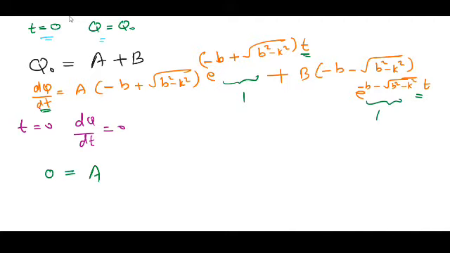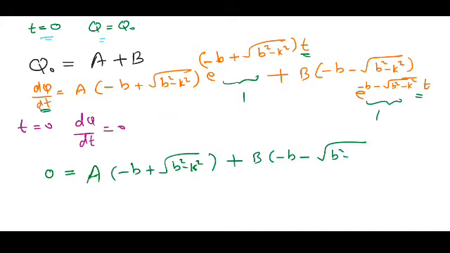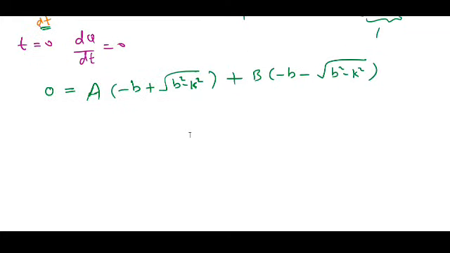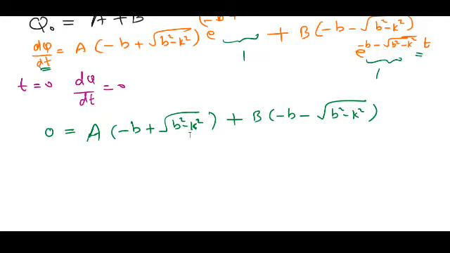Then we are left with A(-b + √(b² - k²)) + B(-b - √(b² - k²)).